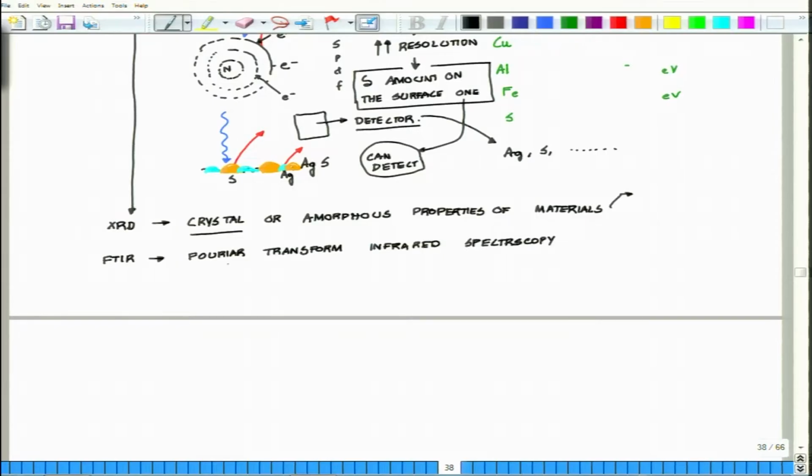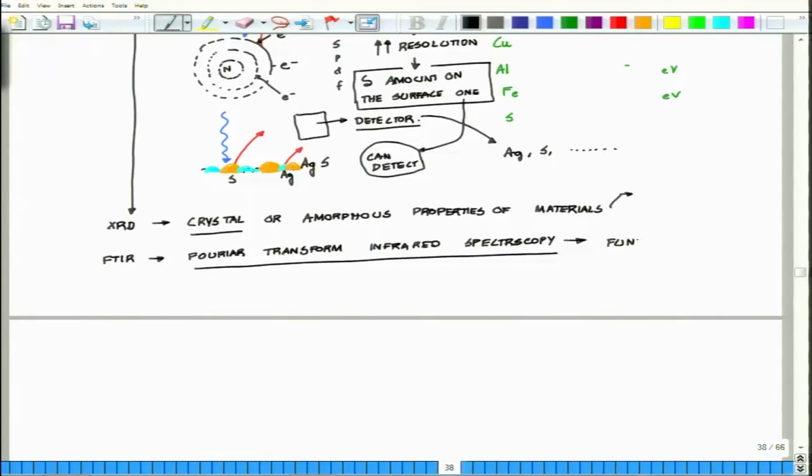So this technique gives you knowledge. I am not getting into the depth of the technique, which I will again leave for you to explore. This technique gives you an idea, for example, of what different kinds of functional groups are present on your sample.